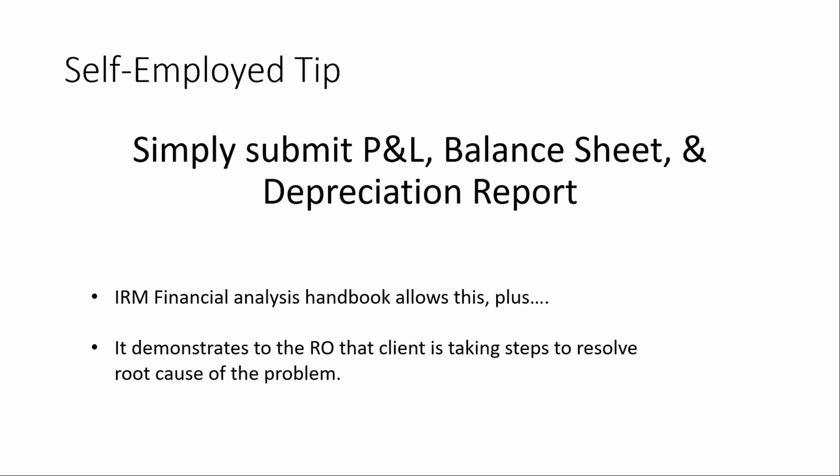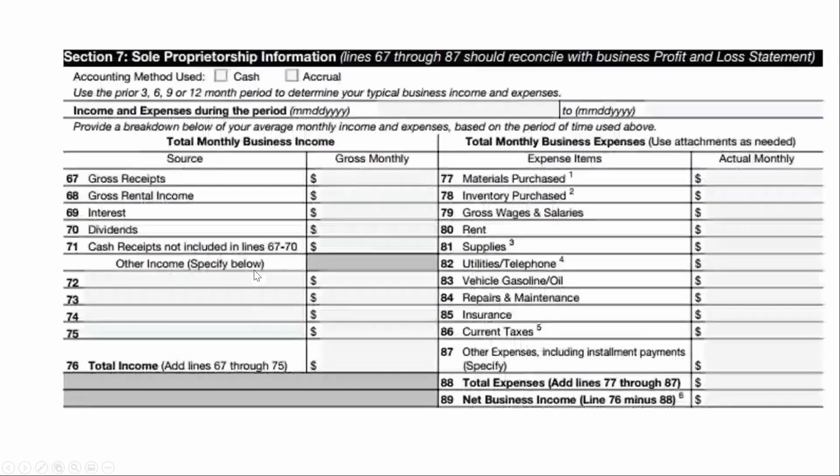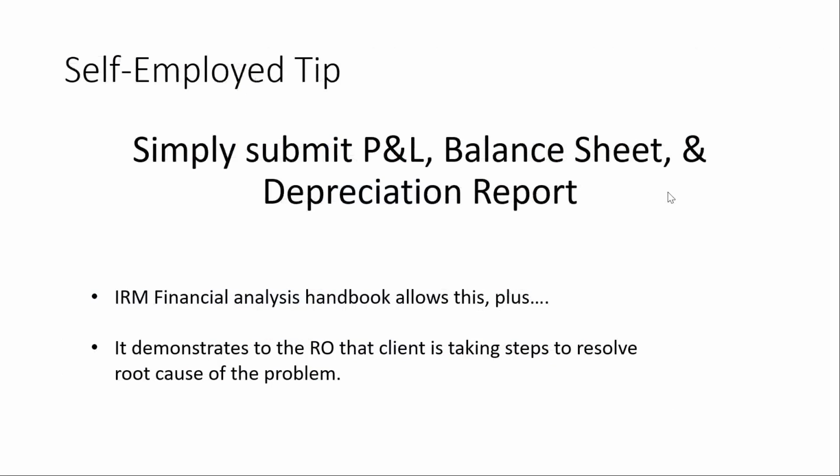So by creating that P&L, getting that record keeping caught up and maintained, you're demonstrating the pathway to resolution and creating a good little taxpayer, okay? And that's what the IRS wants. They want good little taxpayers, okay? So I have never, ever completed this page of the 433, just put together a P&L, okay?